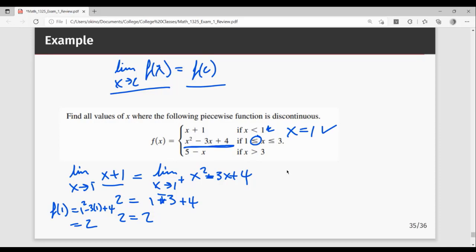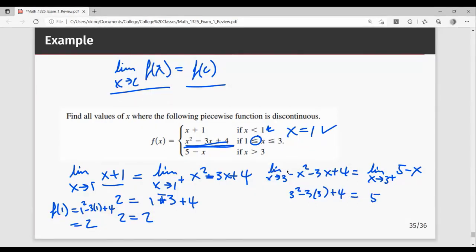And now x equals 3. I have the limit as x goes to 3 from the left. We have to use this function, so I have x squared minus 3x plus 4. We hope that that's equal to the limit as x approaches 3 from the right of 5 minus x. So let's plug in my 3 here. I'll have 3 squared minus 3 times 3 plus 4.